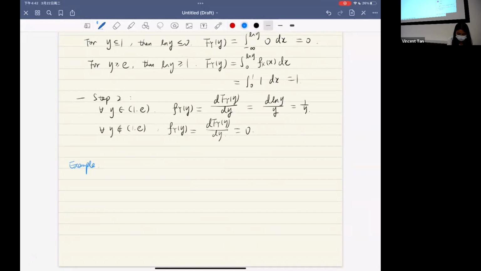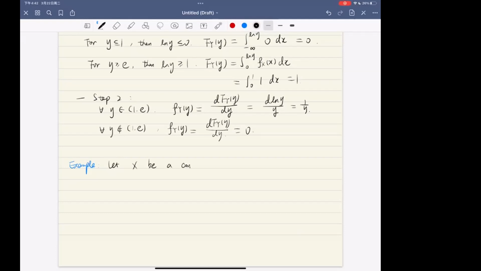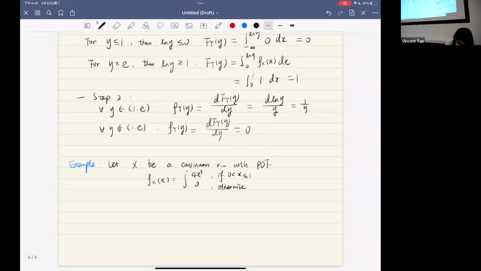The final example of this part. The PDF of x is given by this.